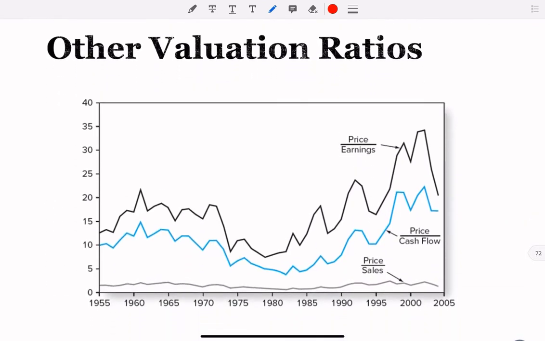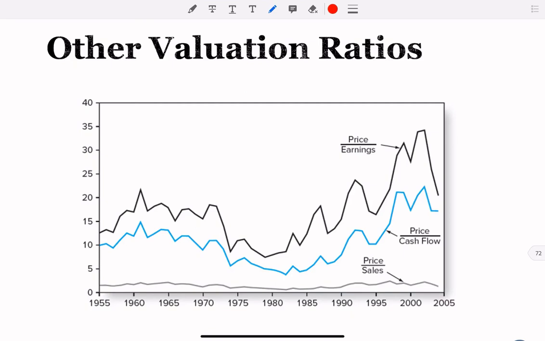Okay, sometimes you might wonder, you have told us several valuation metrics. So which one should I use? I would say you should calculate all of these ratios we have just mentioned because it gives you a more comprehensive picture.